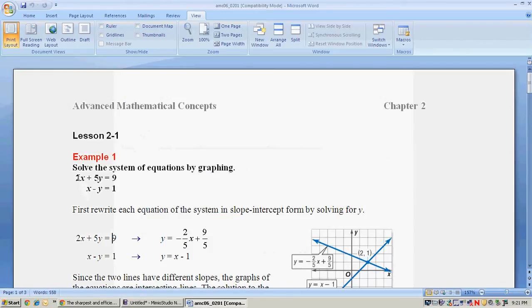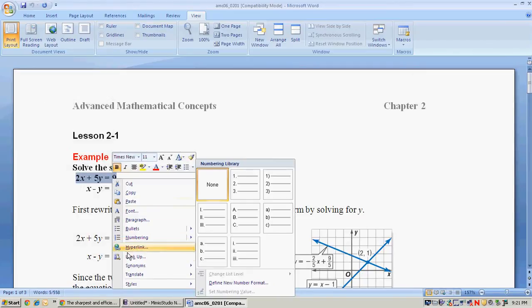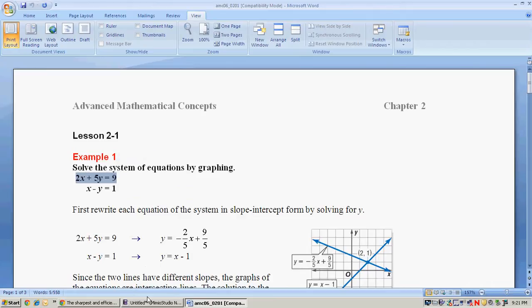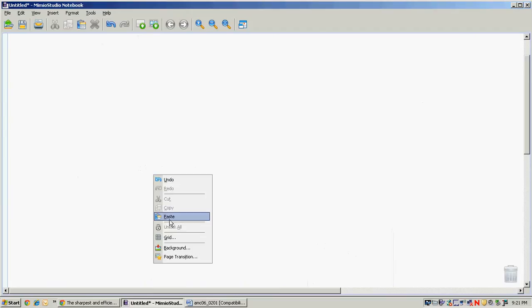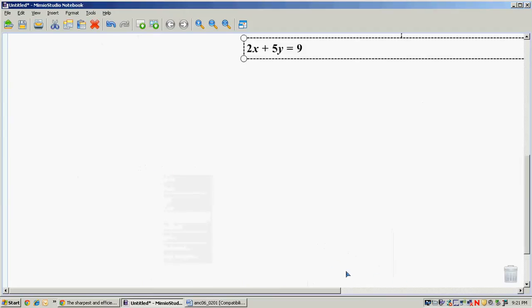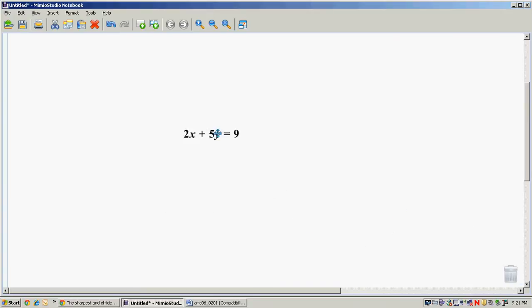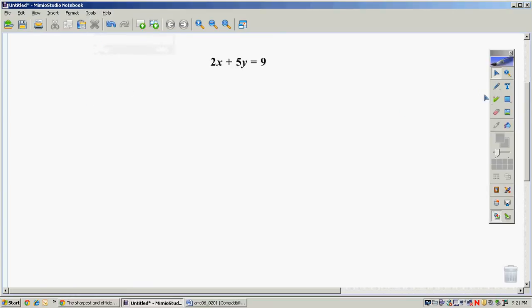Let's just copy this first one and paste it, and let's move that right in the center. Okay. So again, what we want to do is get the y by itself.